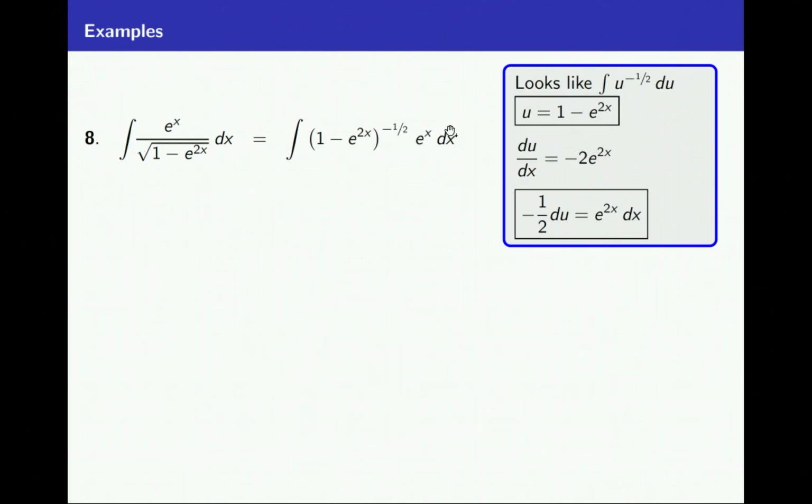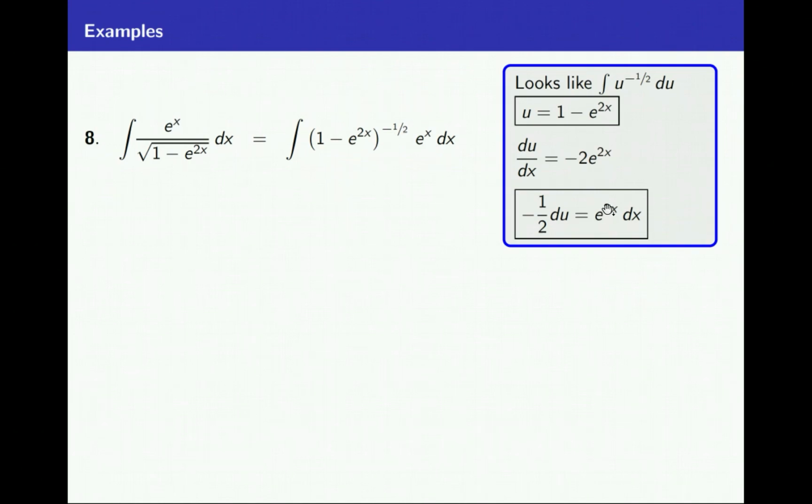In our integral, the expression at the end is e to the x dx. And here we get e to the 2x dx equals negative 1/2 du. You'd really want to get an e to the x dx right here, so you could replace the e to the x dx in the integral with minus 1/2 du, but it just doesn't match.